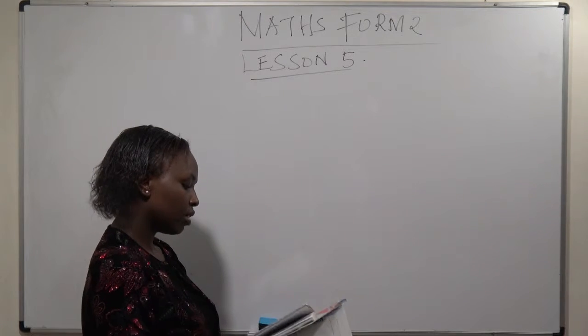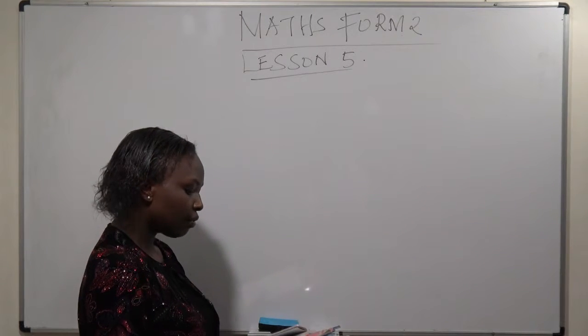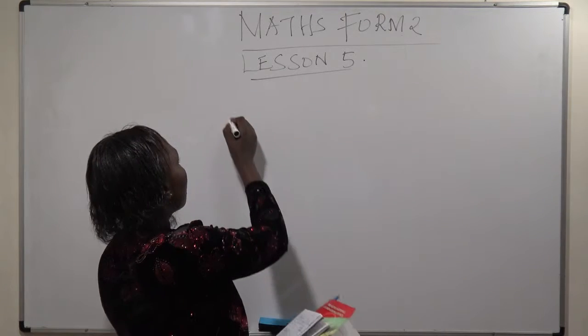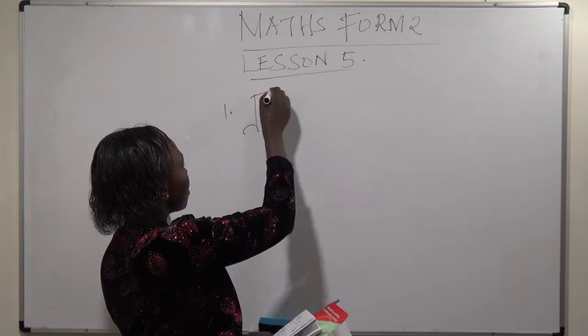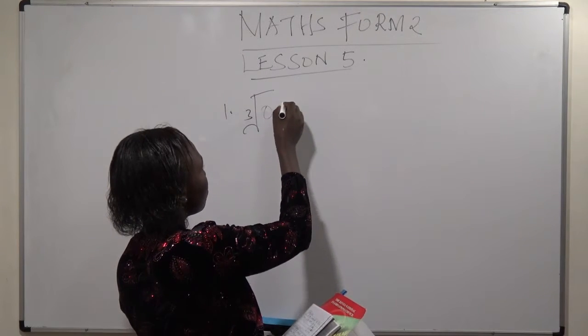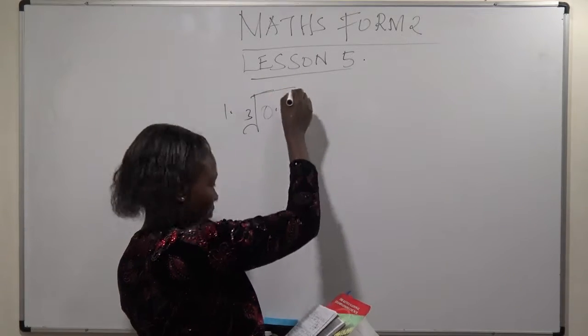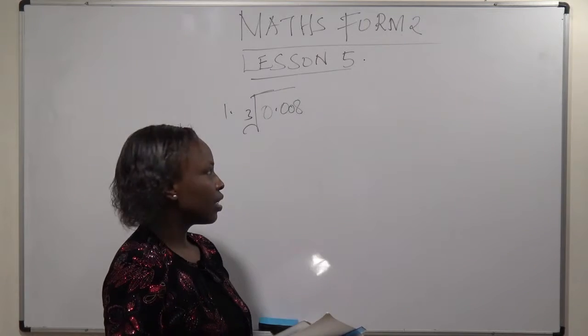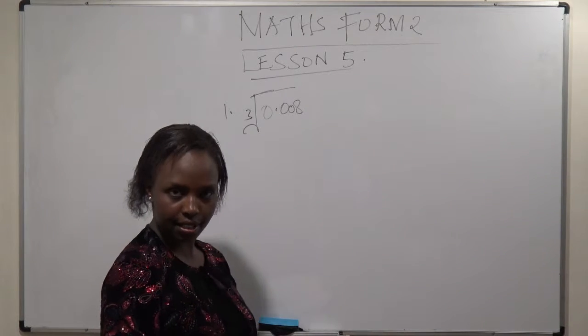The first question, you are supposed to use the factor method to find the cube root of 0.008. Now, how are you supposed to go about this?